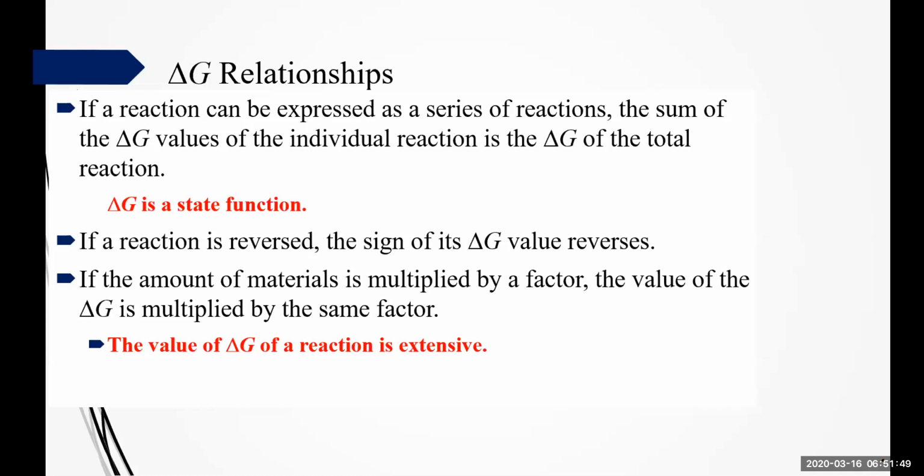But it is an extensive property, so the direction and amount matter. If a reaction is reversed, then the sign of its delta G is reversed. The amount of material does change things. If we multiply a reaction by a factor, then the delta G is multiplied by the same factor. So if we do 2 times that reaction, its delta G also goes up 2 times.